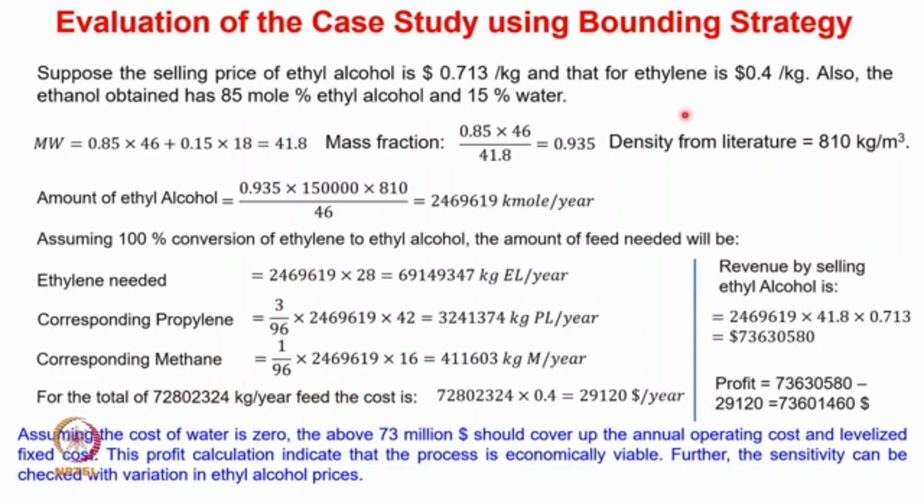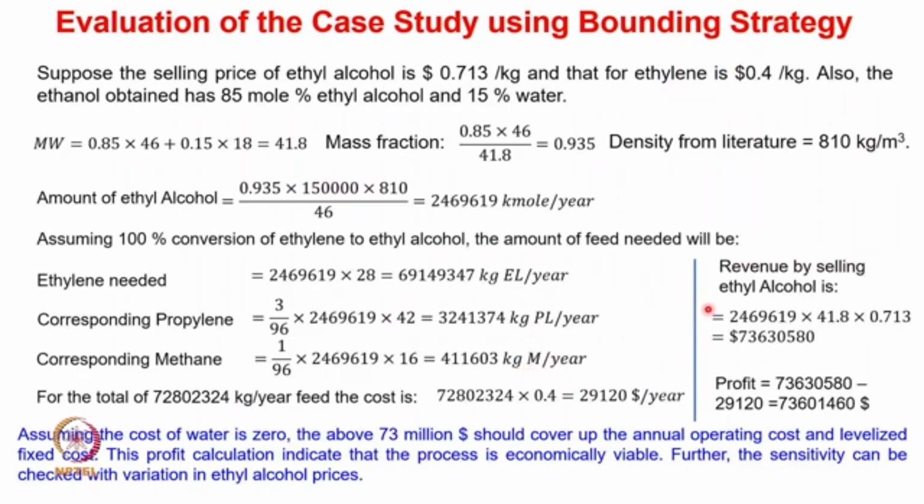We can multiply by the cost of the ethylene, which is 0.4 dollar per kg. So that gives us the cost of the raw material required. So in this case, this amount is multiplied by 0.4, so that gives around $29,120 per year. This much amount is required as a cost for ethylene.